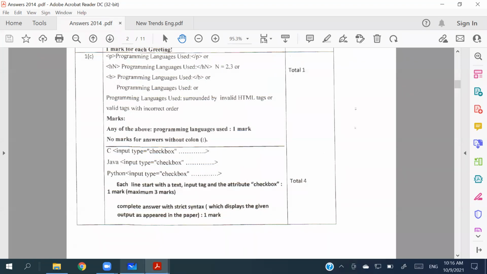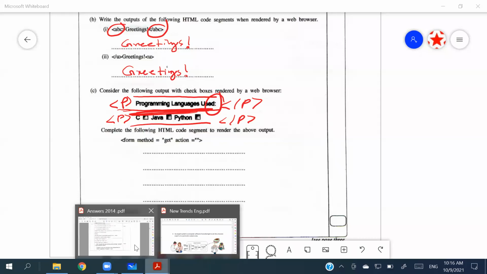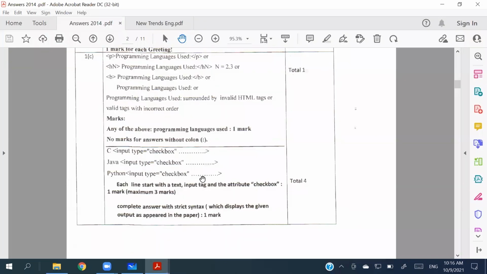Because if there is a BR, what happens? One is created below the other. So do not use BR; if it is there, the answer is wrong. Right. So 1 mark for the programming language used, 4 marks for the checkboxes and the complete answer.